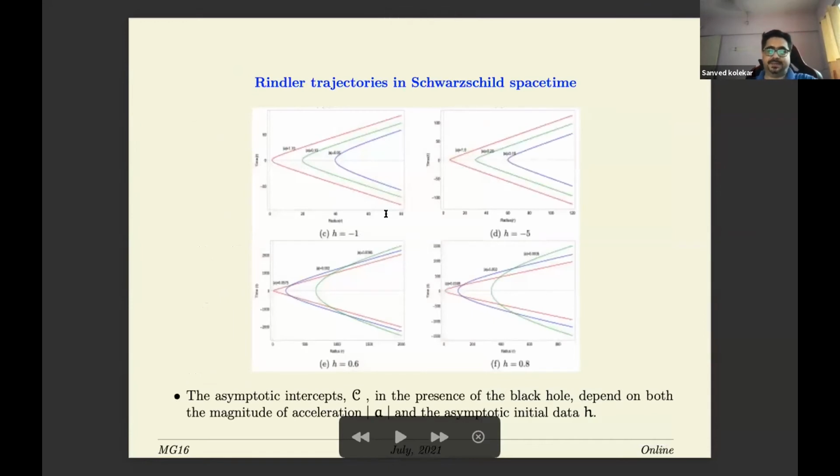These are the pictures for the Rindler trajectories. I hope you can see the picture over here. The other interesting point is, for a given particular h, if you vary the acceleration, you can immediately see from these pictures that the Rindler horizons are not going to be the same.